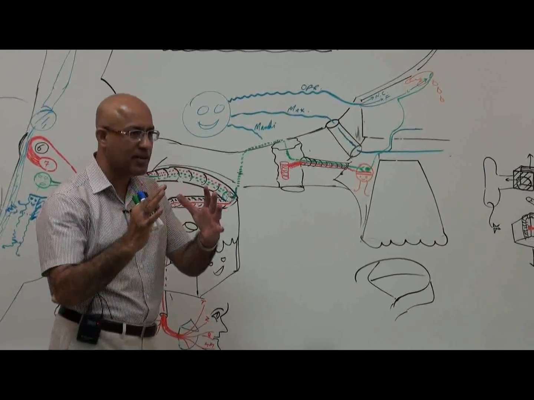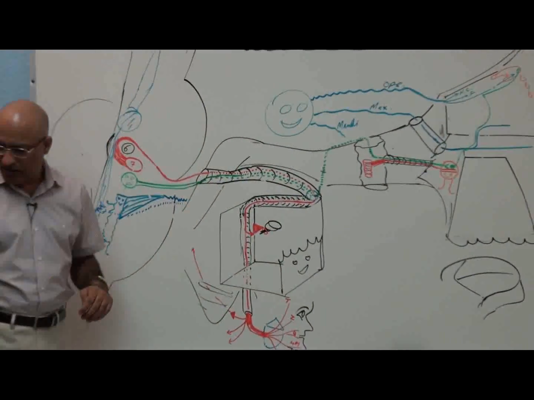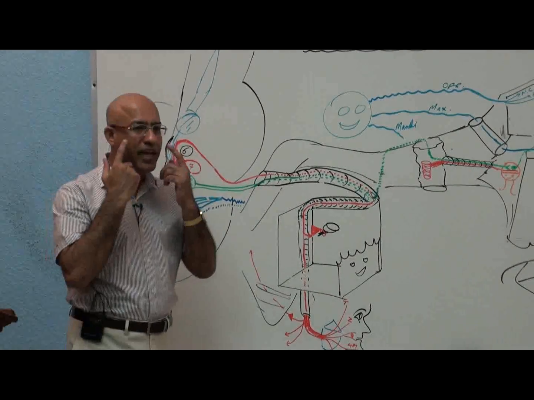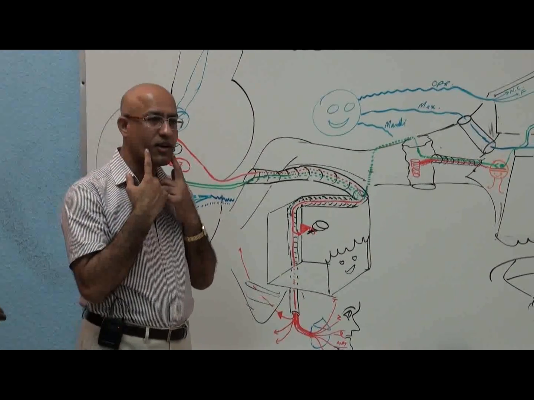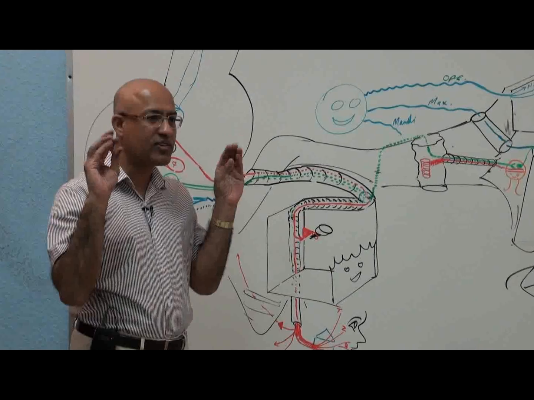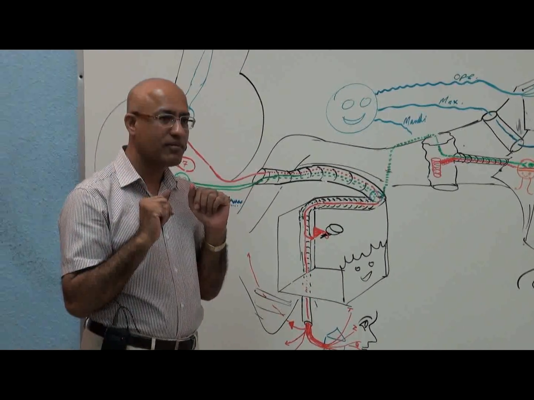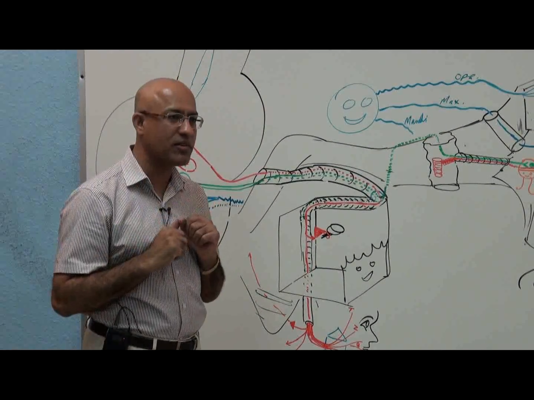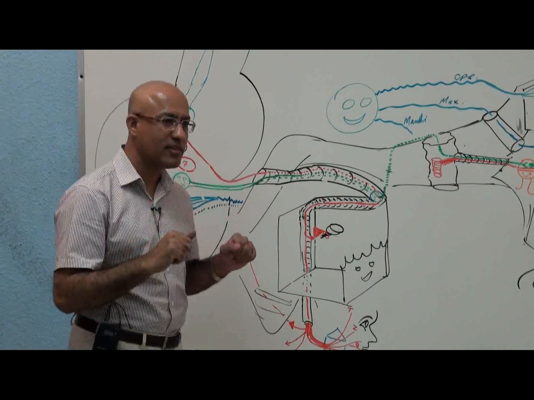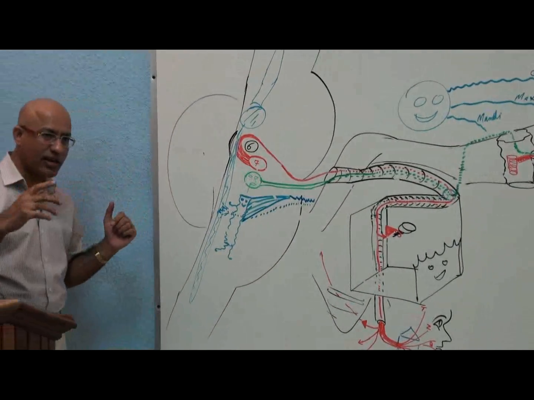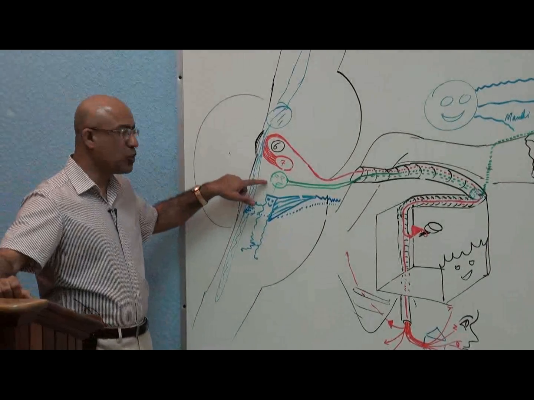Let me recap, starting from the beginning. When a girl is weeping, what is the connection started? I'm talking about the central nervous system. Or a baby is weeping. Which nucleus is firing?